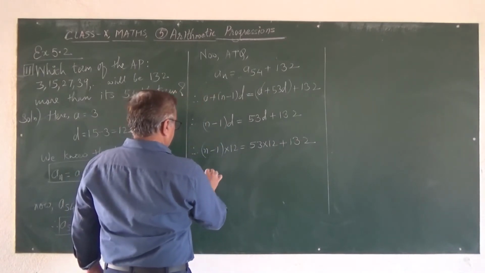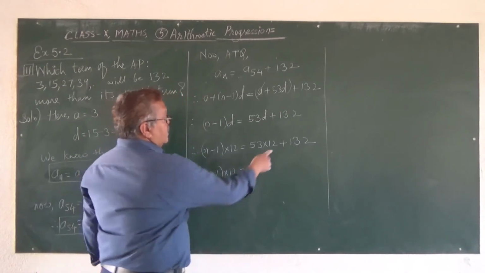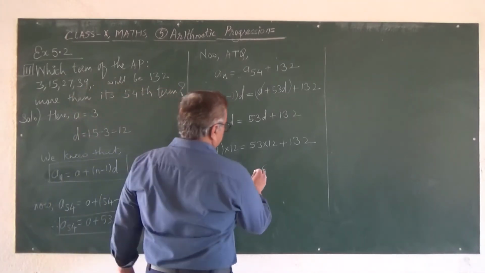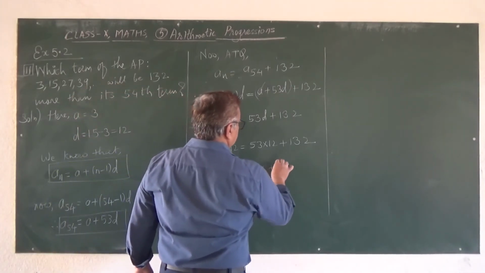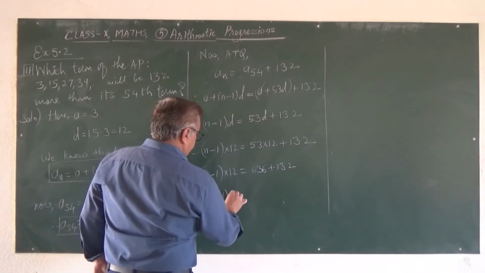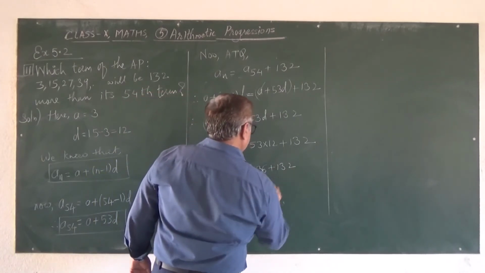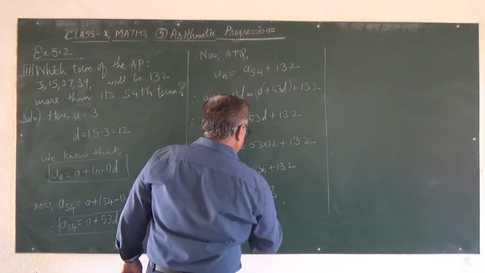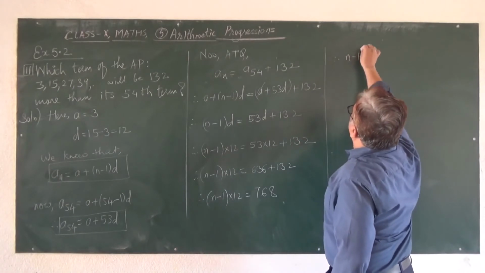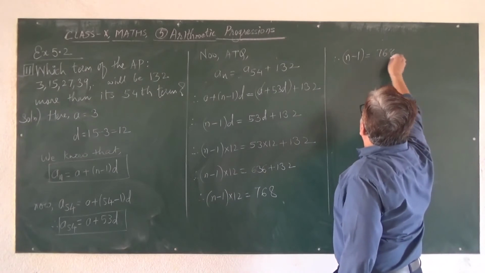So therefore n minus 1 into 12 is equal to 12 threes are 36, carry 3, 12 fives are 60 plus 3, 63, plus 132. So therefore, 6 plus 2, 8, 3 plus 3, 6, 6 plus 1, 7. So therefore n minus 1 is equal to 768 upon 12.